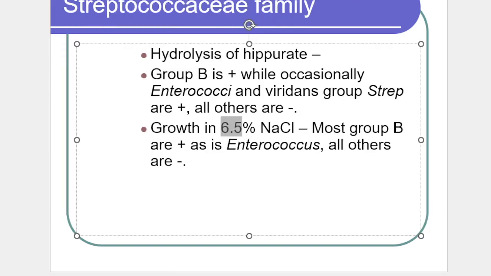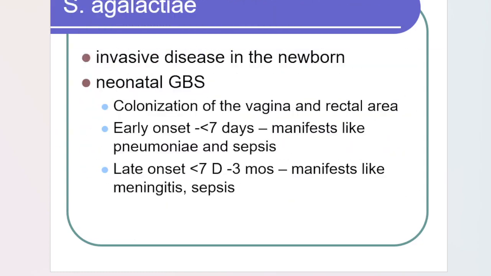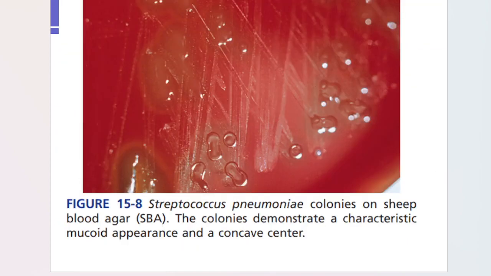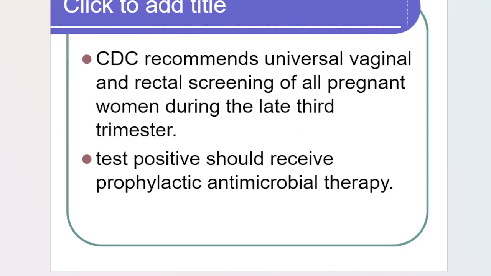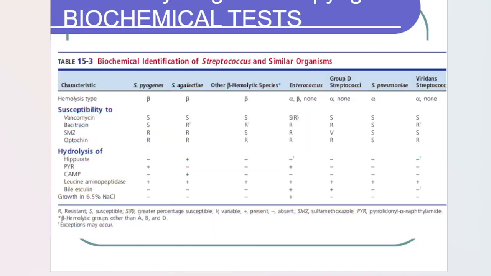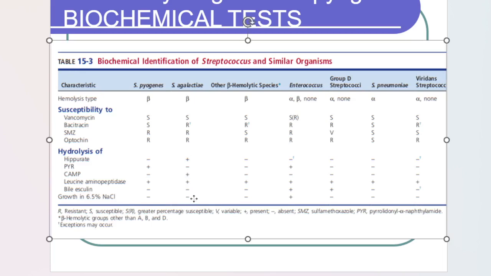I was looking at something because they don't seem to agree here. Wait, where is the table? Because I mentioned, right, for example, growth in 6.5 NaCl, that group B may also grow here. But here, this is from Mihon, it says negative.